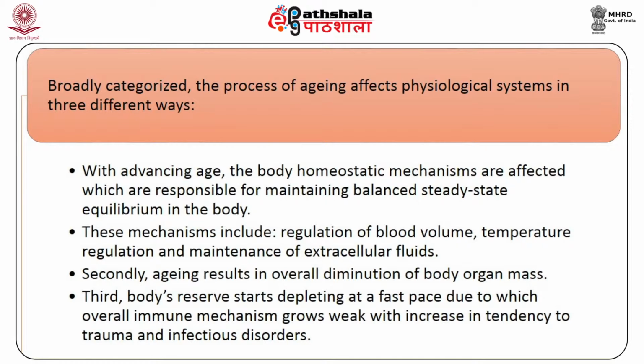Secondly, aging results in overall diminution of body organ mass. And third, body's reserves start depleting at a fast pace, due to which overall immune mechanism grows weak with increase in tendency to trauma and infectious disorders.